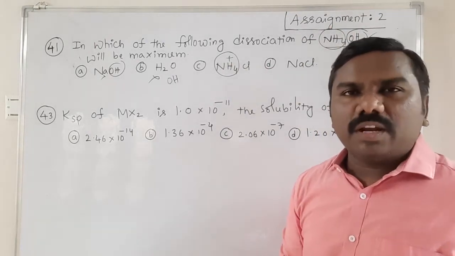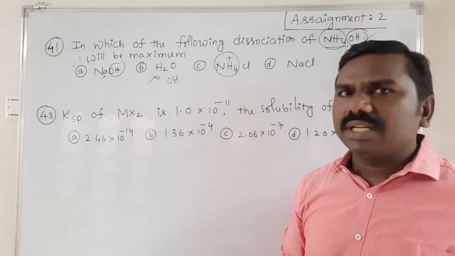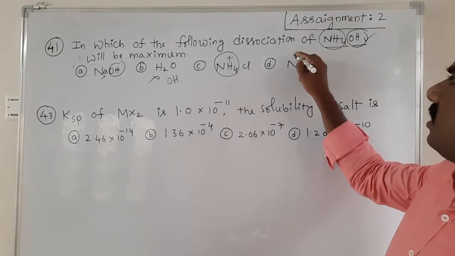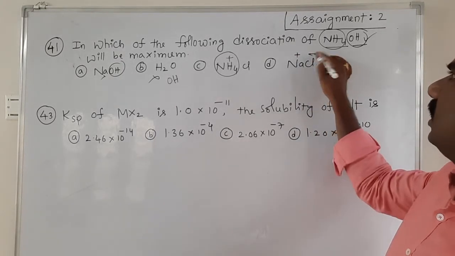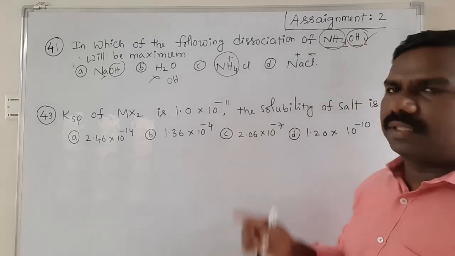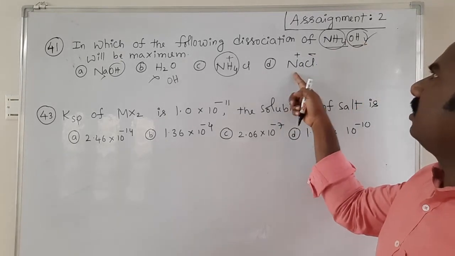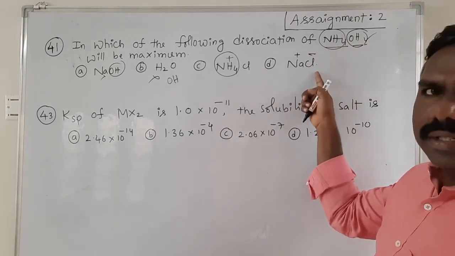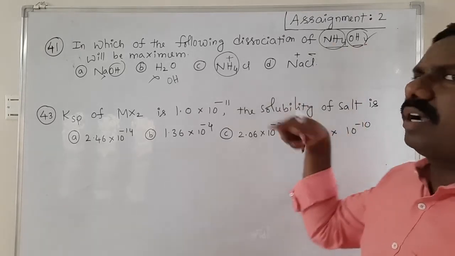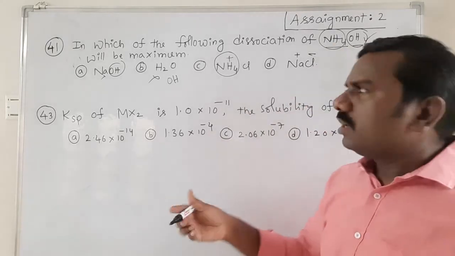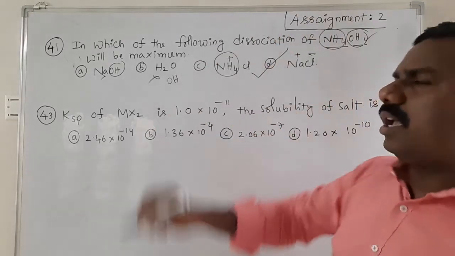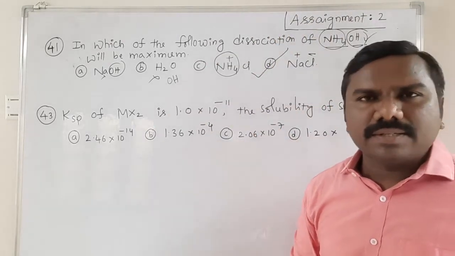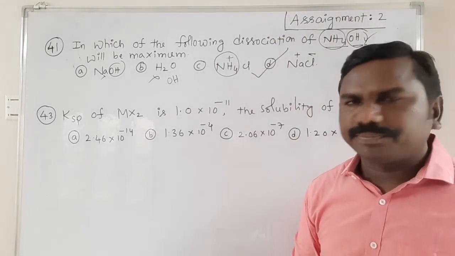Due to the common ion effect, dissociation and solubility are less. And NaCl, Na plus Cl minus, here NH4 and OH minus. So there is no common ion in this. These ions are all different, hence easily soluble. So the common ion effect is not there in option D, hence option D is the correct option.